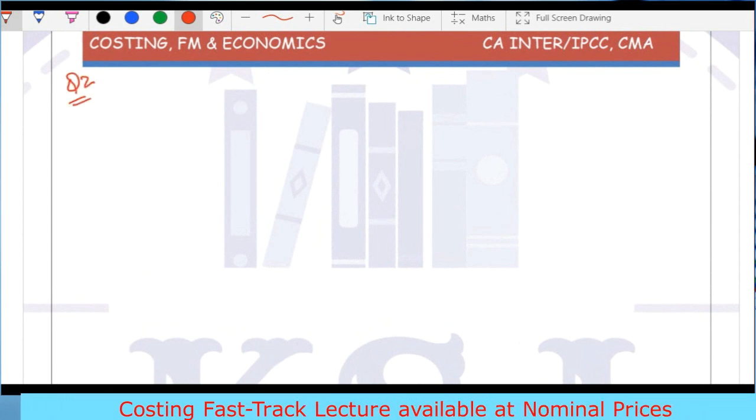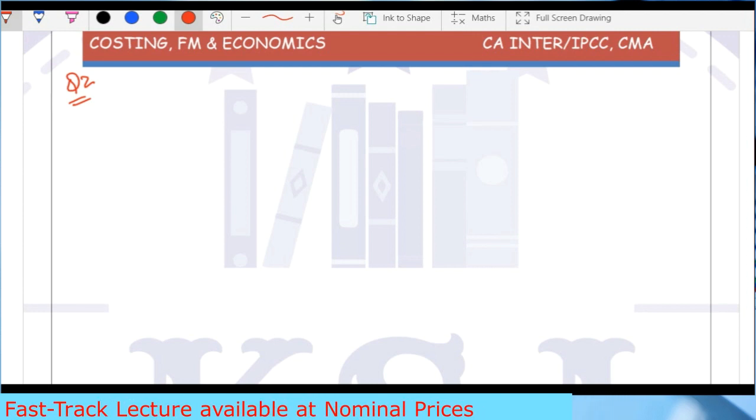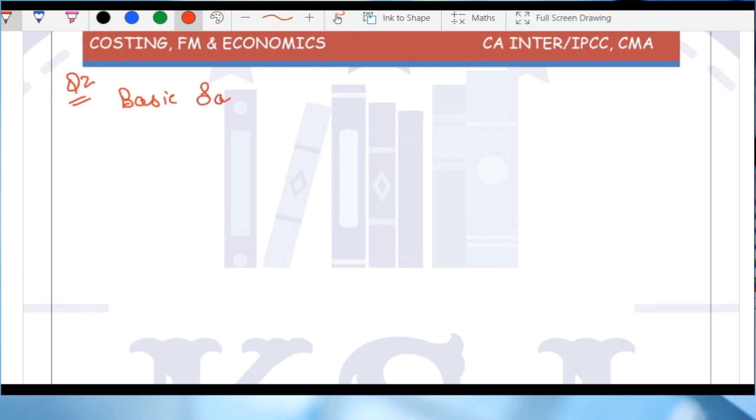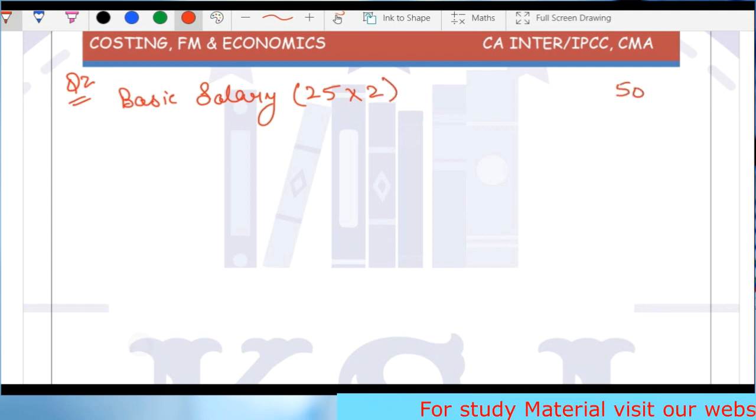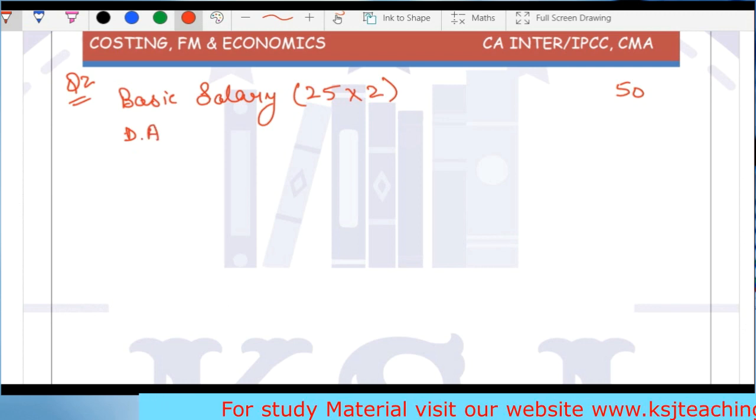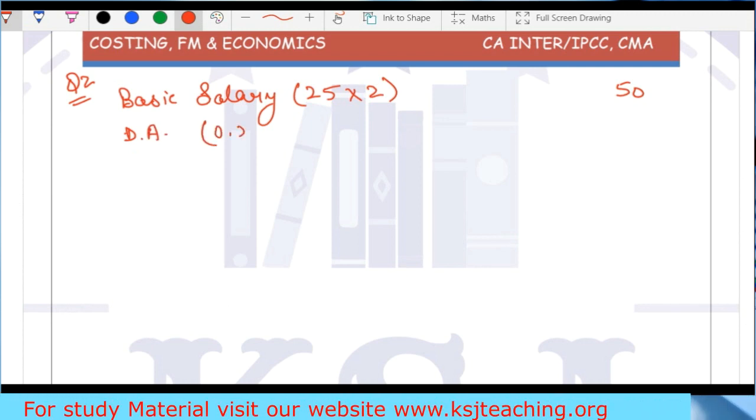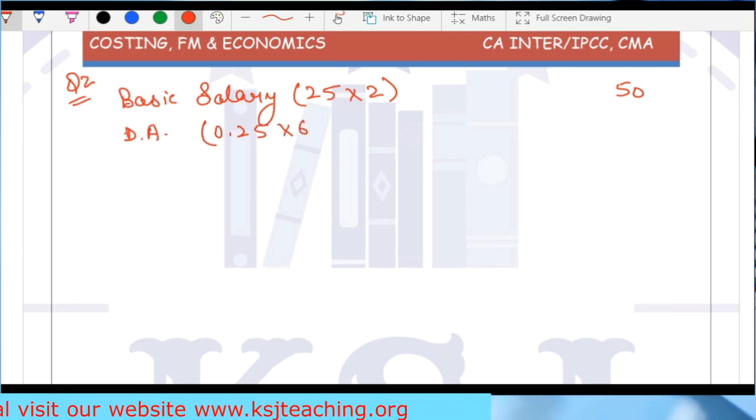First we'll calculate the cost for 25 days. First is basic salary. Basic salary is 25 days multiplied by 2 rupees per day, so 50 rupees. Then we have DA. DA is 0.25 multiplied by 600.